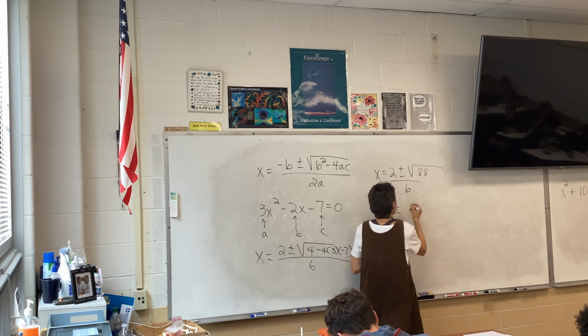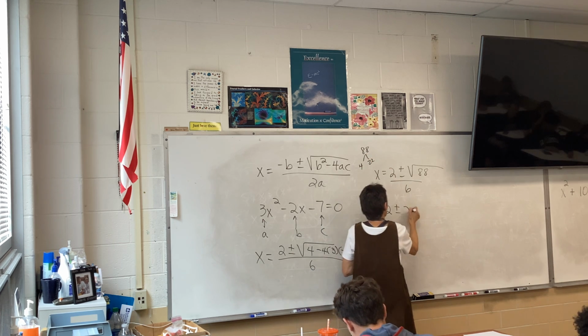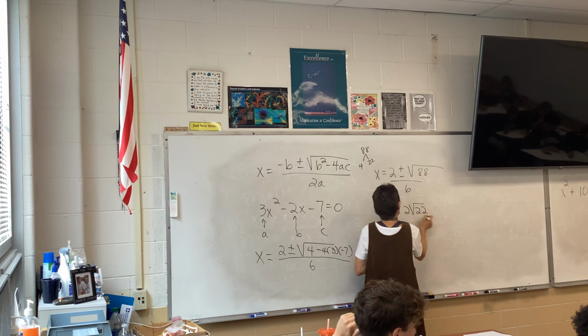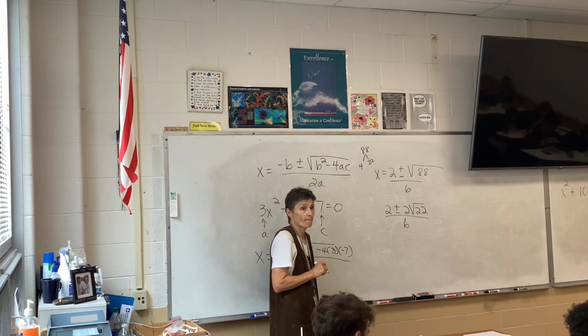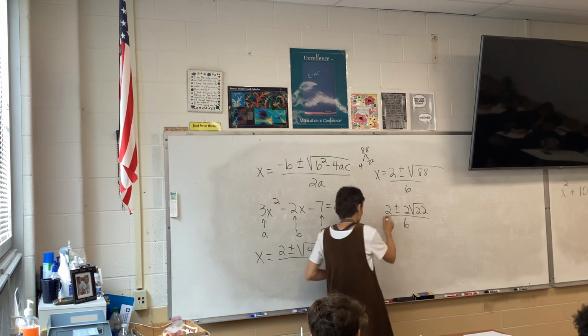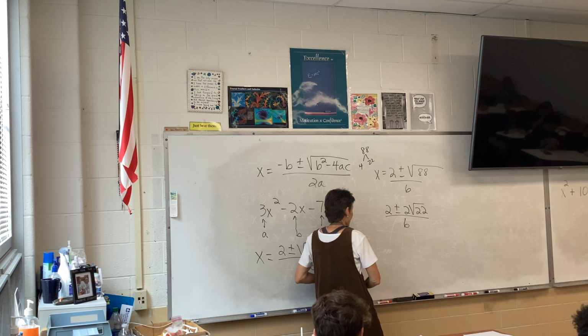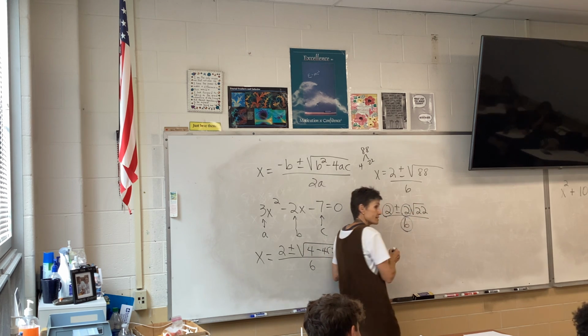2 plus or minus, okay, what's 88? 2 square root 22. Yes. Now, do you see? I have a 2 and a 2 and a 6.